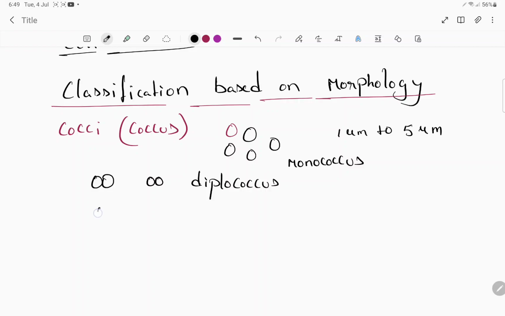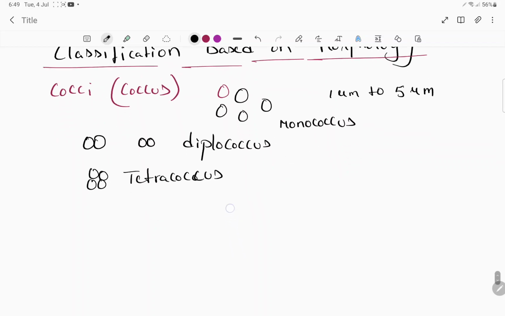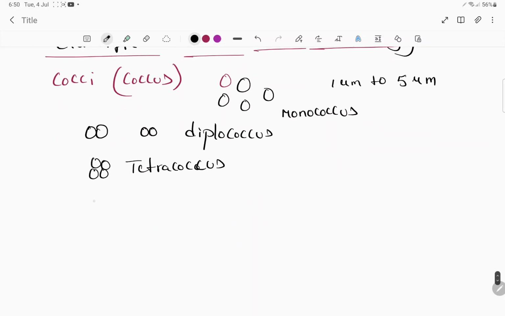If they occur as four, we call it tetracoccus. If they occur as a cluster, staphylococcus.